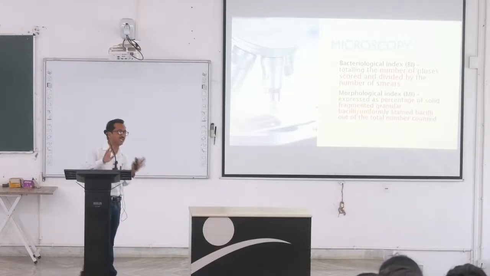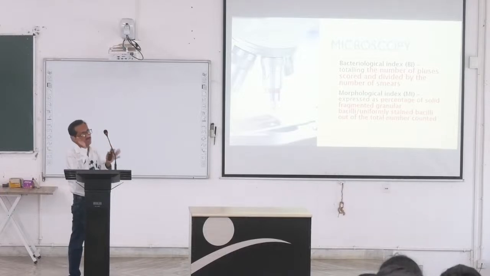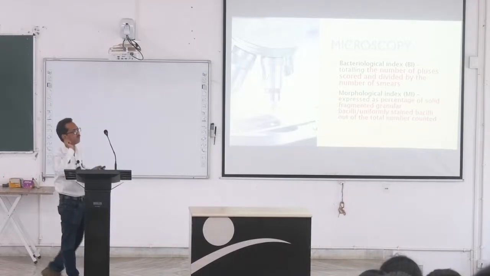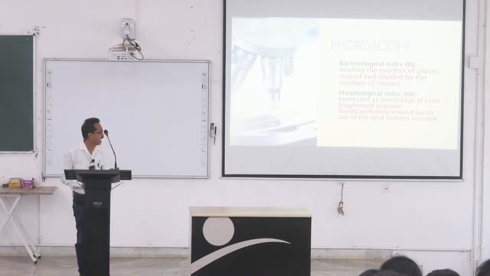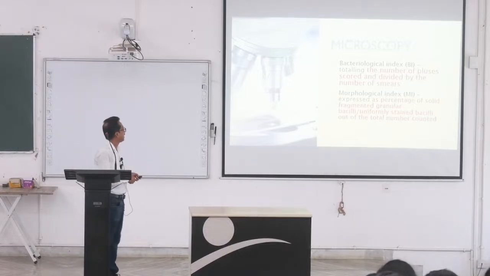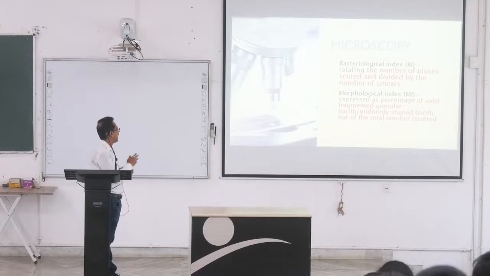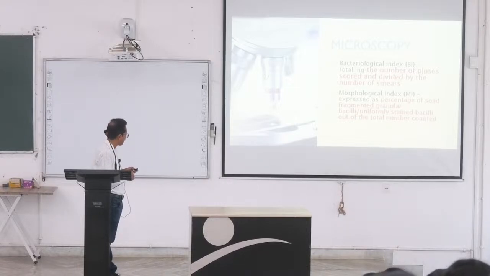So if one smear is 4 plus, one is 6 plus, one is 5 plus, then add their pluses and divide by the number of smears you have examined. That is the bacteriological index. The morphological index is the percentage of solid fragmented granular bacilli divided by uniformly stained bacilli out of the total number counted.